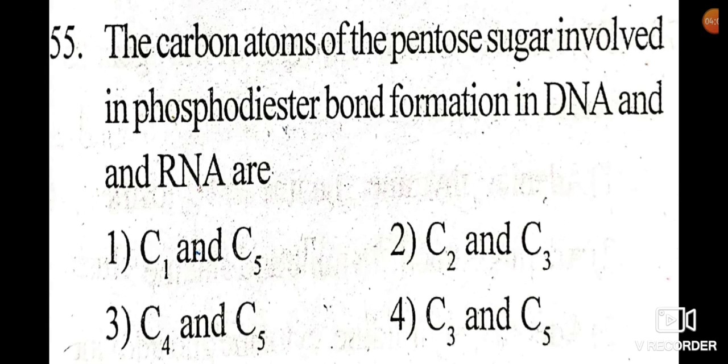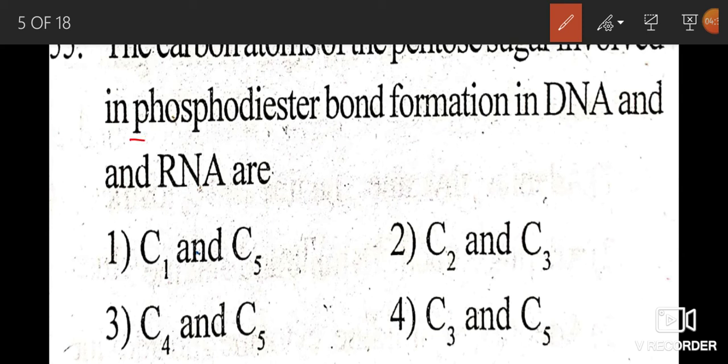Question number 55. The carbon atoms of the pentose sugar involved in phosphodiester bond formation in DNA and RNA are. Which carbons are involved in the formation of phosphodiester bonds?